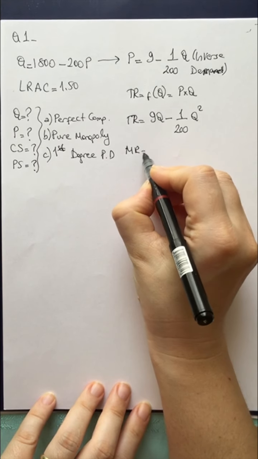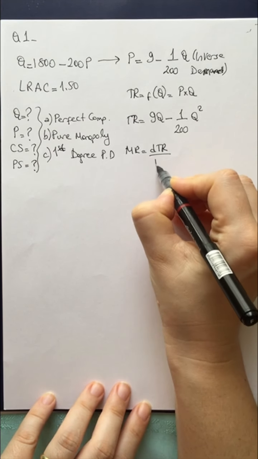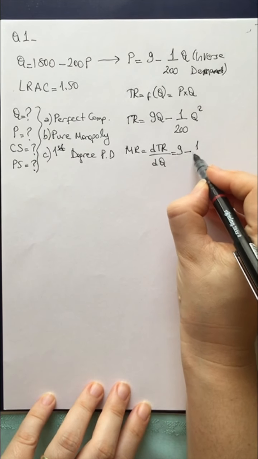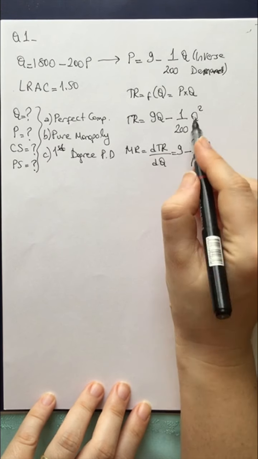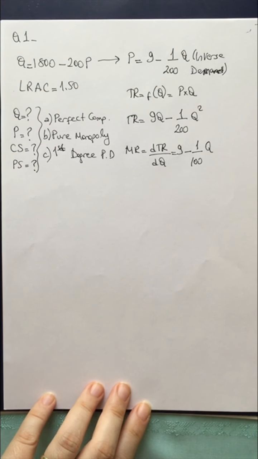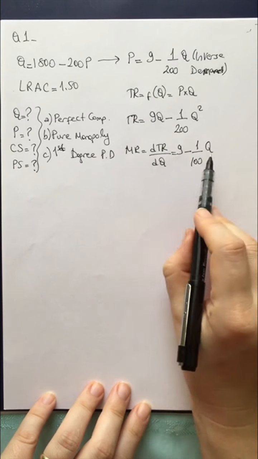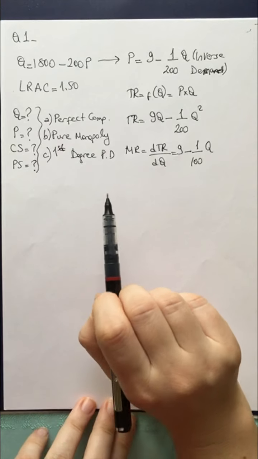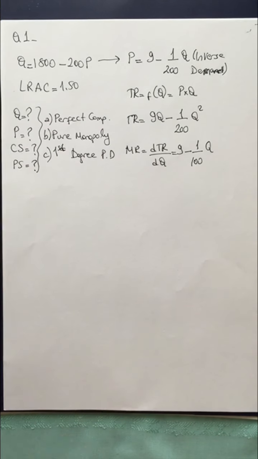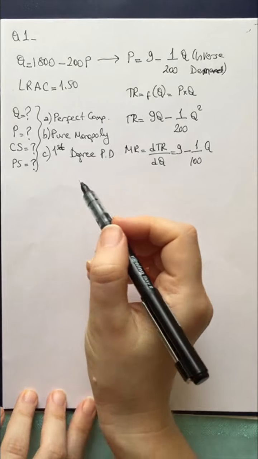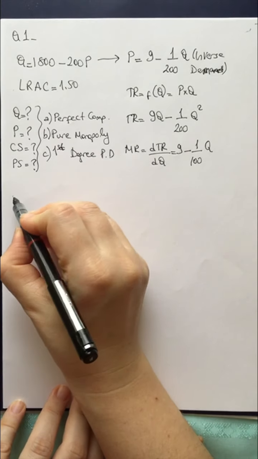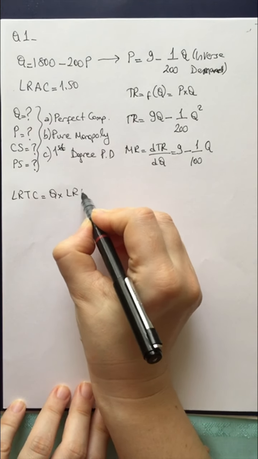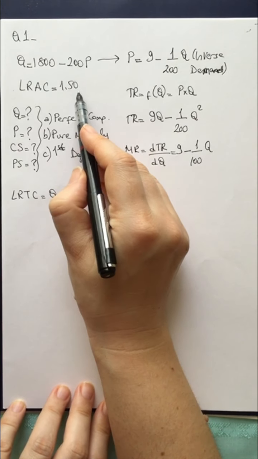And to find the marginal revenue, we need to take the derivative of the total revenue function with respect to Q, which is 9 minus 1 over 100 Q. We took the derivative and found marginal revenue. Now we need to equalize it to marginal cost for pure monopoly. The marginal cost function is not given in the question, but we have the long run average cost. So we can find long run total cost, which is Q times the long run average cost. That is the unit cost of production.